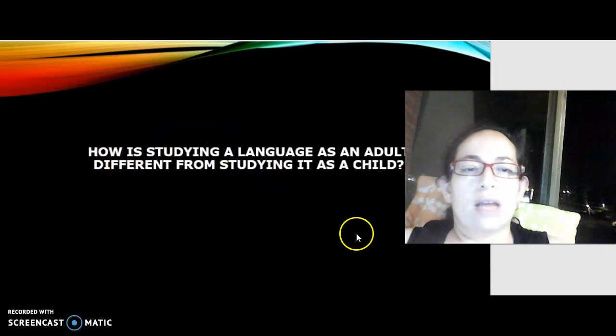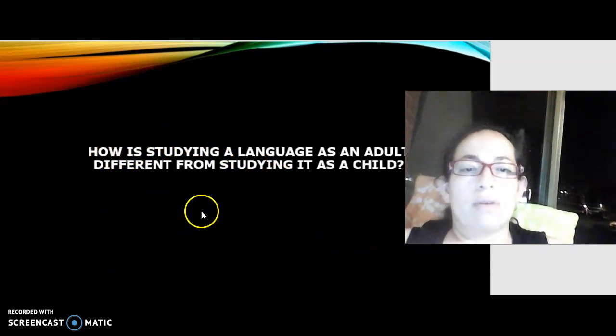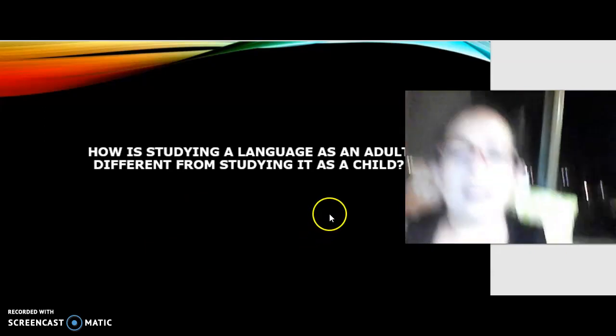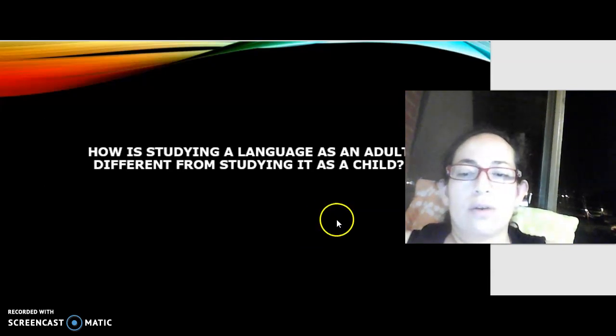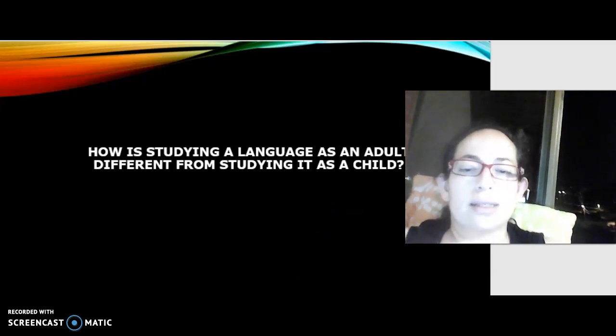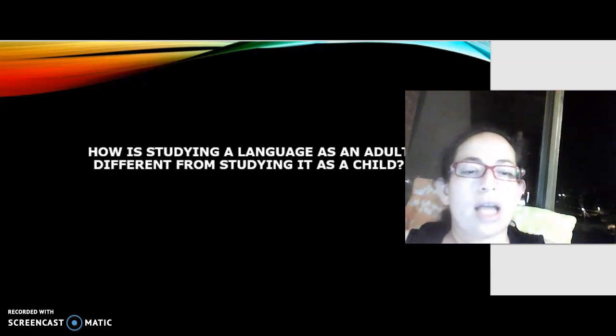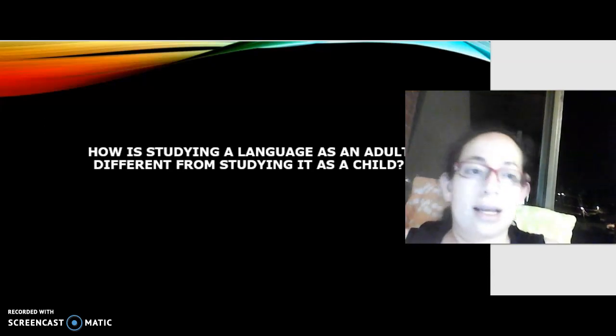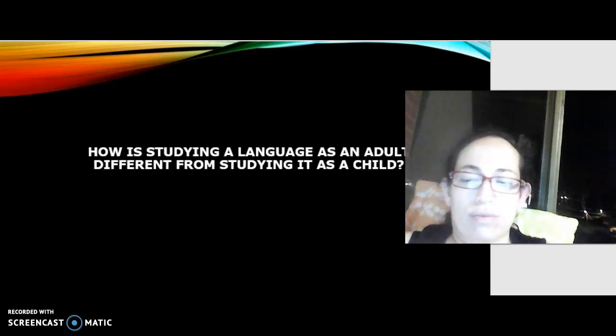How is studying a language as an adult different from studying it as a child? There is very much. It is easier to learn a language as a child because at this age we are learning to speak our native language, and it would be easier to add a second language because the same words are learned in Spanish and in English, and children learn by imitation.